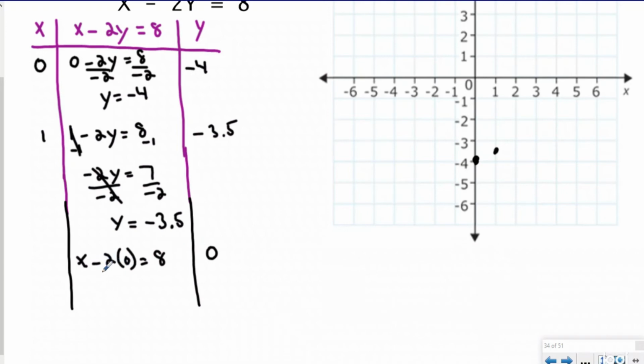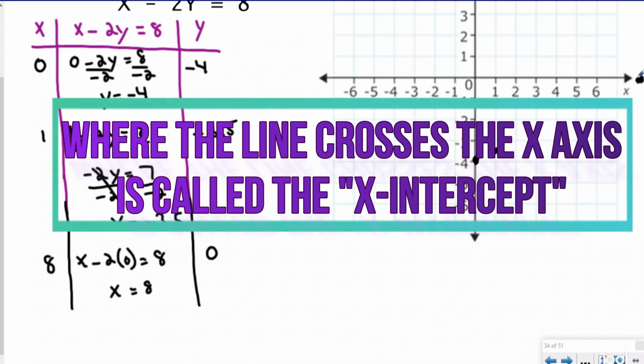And now I know -2 minus 0 is 0, so I'm going to say x equals 8. So when y was 0, x was 8. And now we can graph that. So I'm going to shuffle over 8 to x, which I kind of ran out of room. But that's 7, so 8 would be about right there.